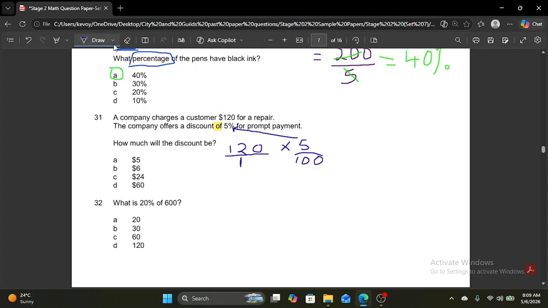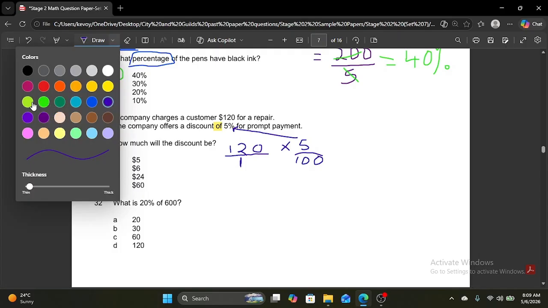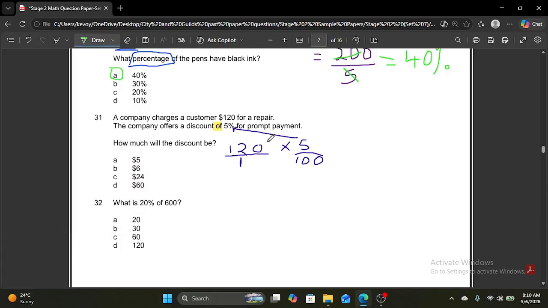So let's multiply this now. When multiplying fractions, numerator times numerator, denominator times denominator. So you just multiply 5 times 120 and 1 times 100.